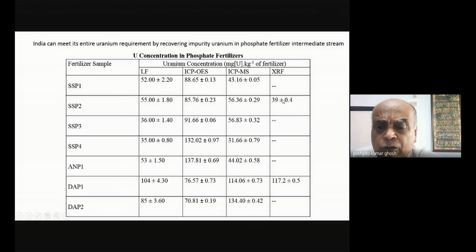Also with the ONGC testing, you can see 104, 114, 117, 52, 43, 55, 56, 40, roughly. So not so off. These results, therefore, you can more or less assume that they are correct.